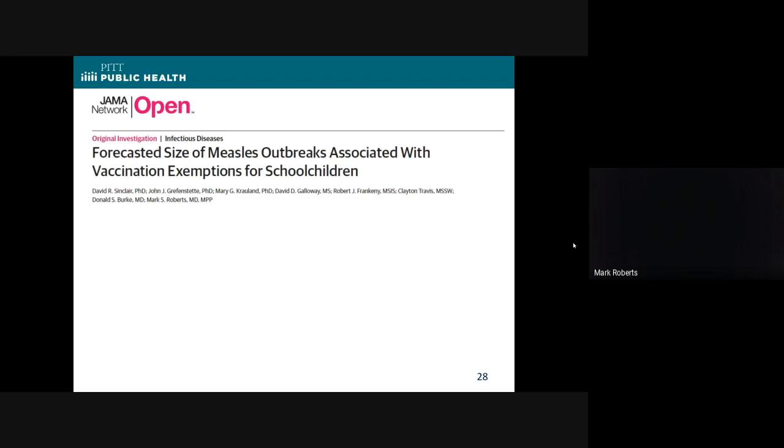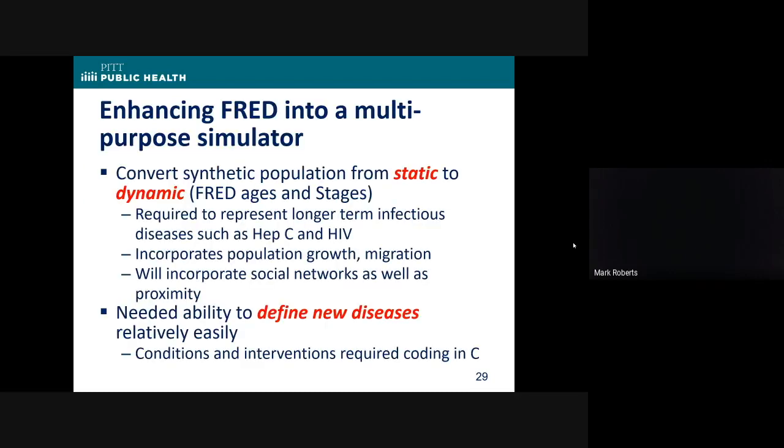these kinds of vaccination levels. Now, the other thing that we've been spending a lot of time on in the last couple of years is converting two things in FRED. One is we wanted the population, which had been a static population, to become dynamic, meaning people can age, they can get diseases, they can have a much longer term history, and we call that FRED Ages and Stages.